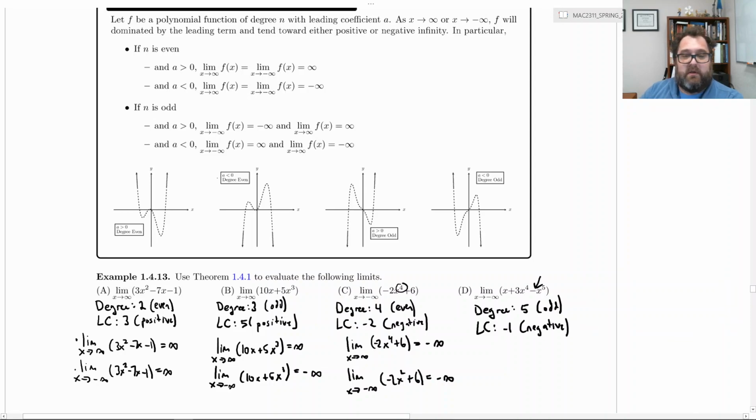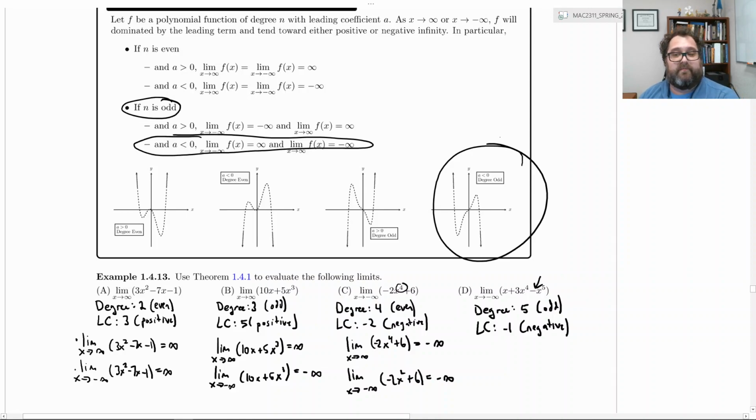So in this case, we have an odd degree. Leading coefficient is negative. So we have this situation. So as x decreases without bound, it heads toward negative infinity, the y values head towards positive infinity. As x increases without bound, the y values decrease without bound. And so that tells us our two limits.